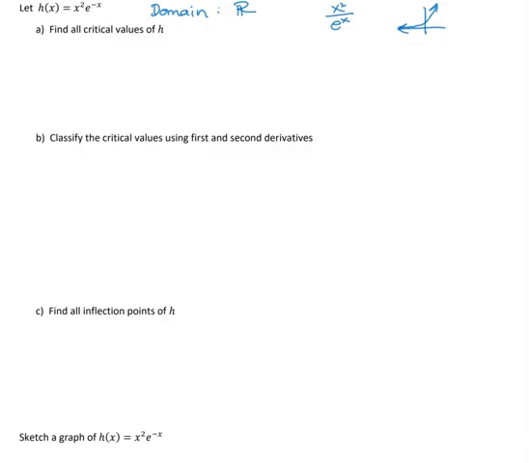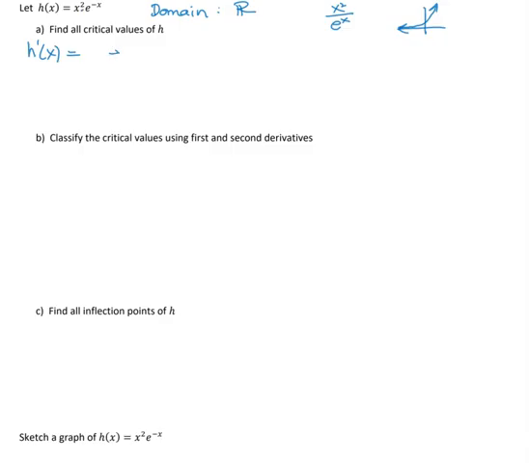Okay, first step on first and second derivative tests for both is always find the critical values. It doesn't matter which one you're going to do, you start with critical values, which means we need an h prime of x, and this is a product, so I'll need a product rule.